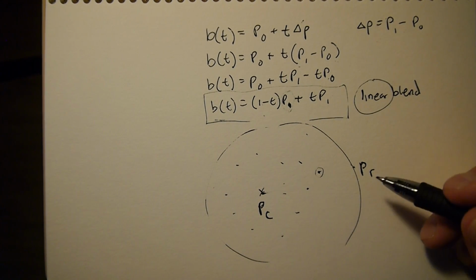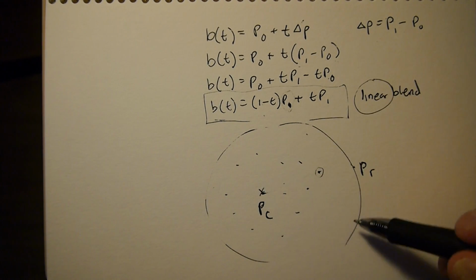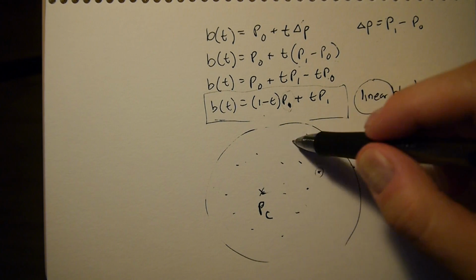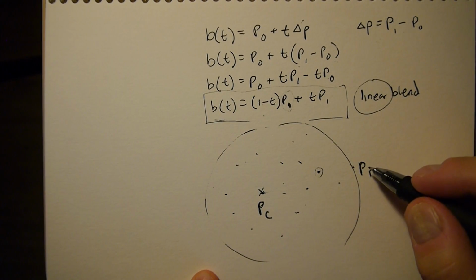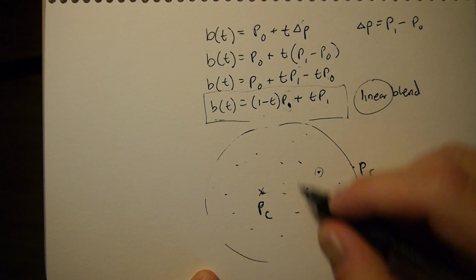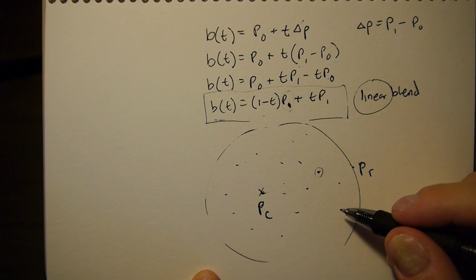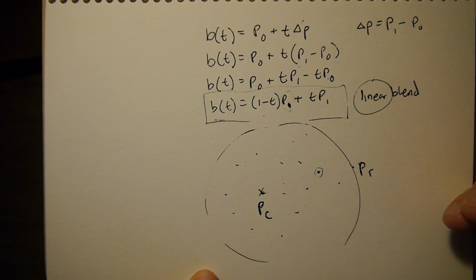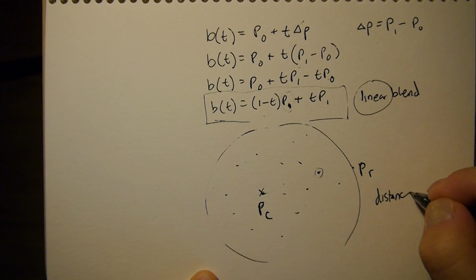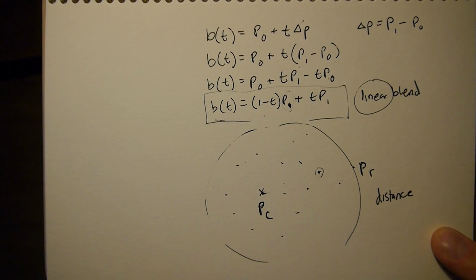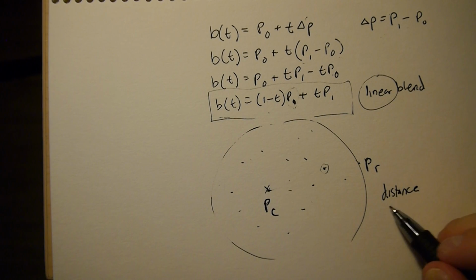And for purposes of this, since we're talking about distances, we don't really care about the points per se. So in some sense, we're not really going to define these in space. What we're really talking about is just how far away they were from the center, right? We want to measure the distance, and then we want to blend some values based on that distance.